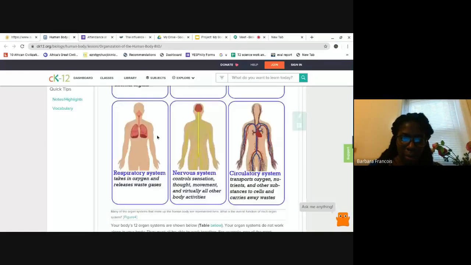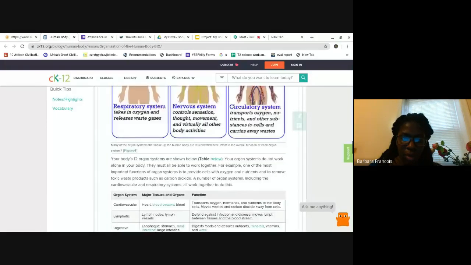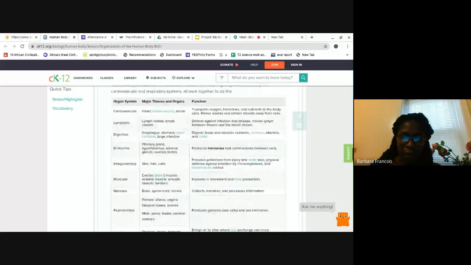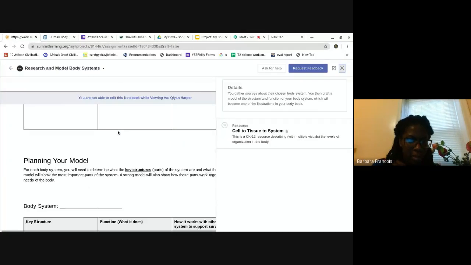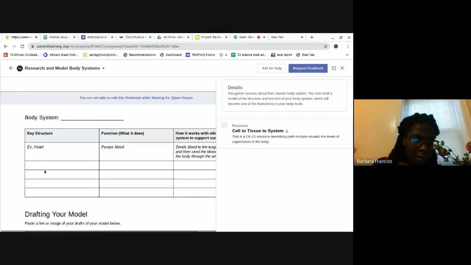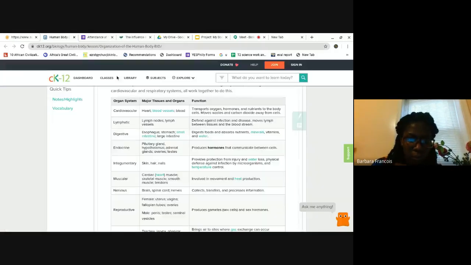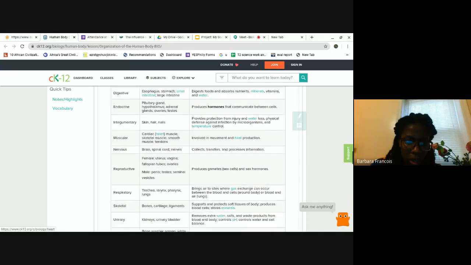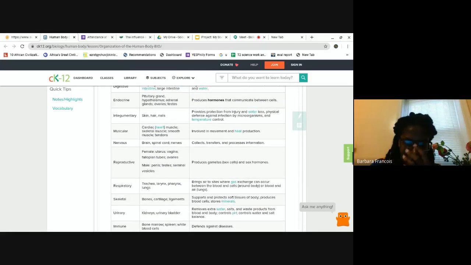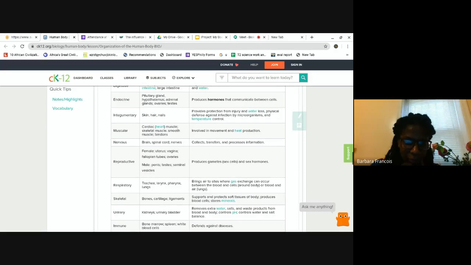Here it breaks down all the systems for you, the major parts of them, and their function overall. But you are going to go into more detail here, because you see it's asking you to find the key structure. So when you go to this resource and you look at your system, for example, Selena, I believe you're doing the digestive system.